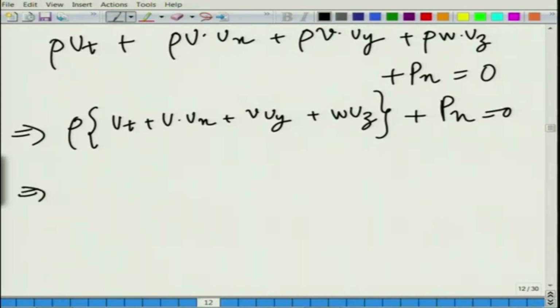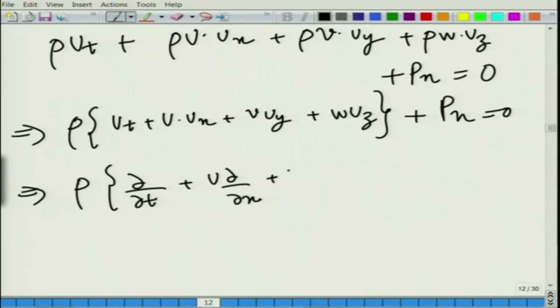So, a more compact way, remember now, your ux would mean del del x of u and uy would mean del del y of u and so on. This is basically a vector equation in the sense that all your u, v's, they are all vectors. So, perhaps a more compact way of writing this term is then your rho times, remember this operator is nothing but your del del t plus u times del del x and v times del del y and w times del del z.